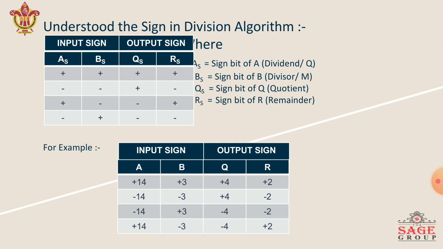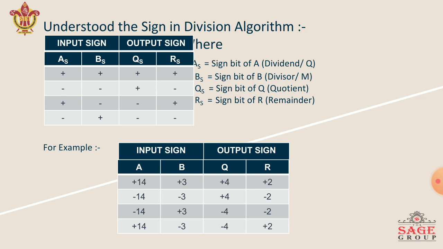Now, if the signs AS and BS are both equal or the same, then the sign QS of the quotient is positive. Otherwise, if the signs of dividend and divisor are not equal, then the sign of quotient is negative.